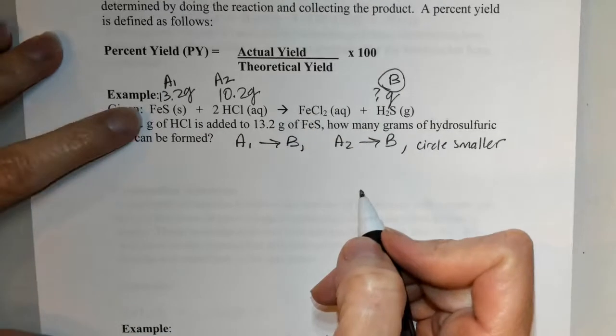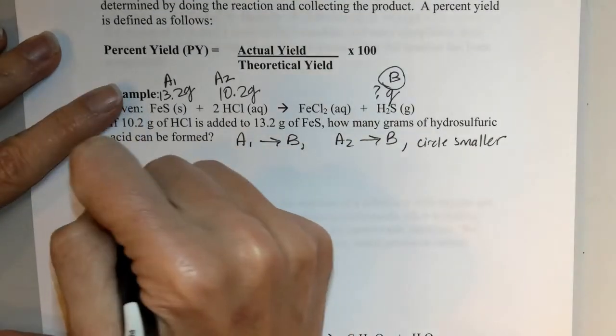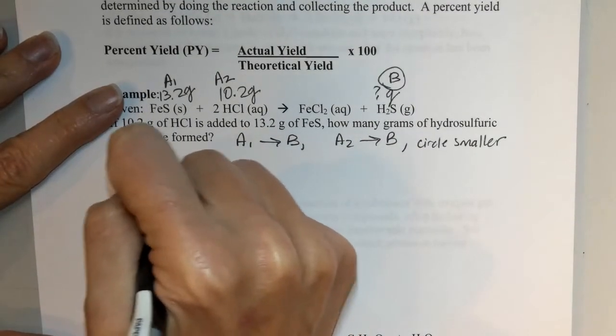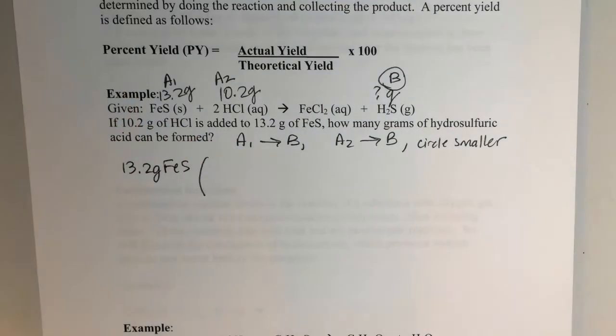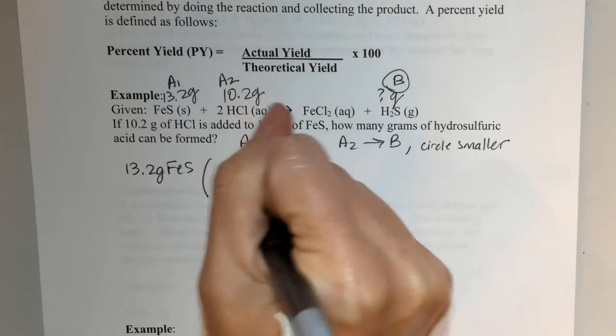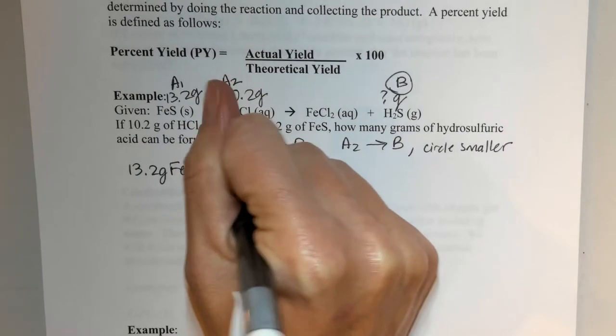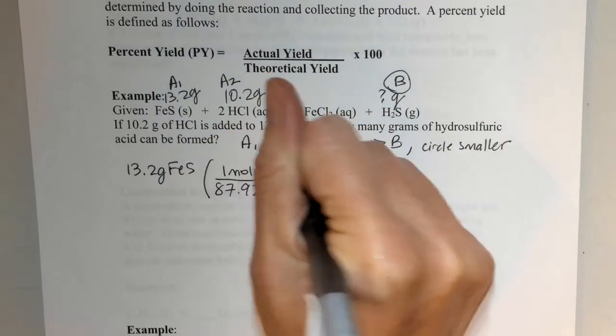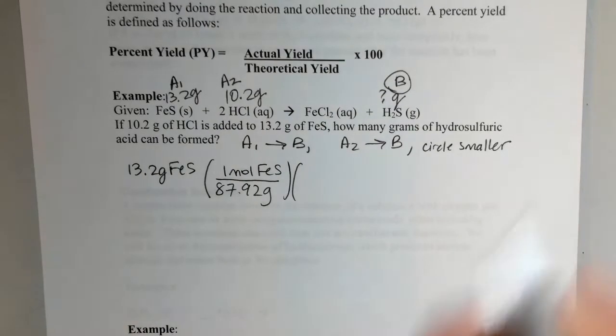So starting with my A1, my iron(II) sulfide, I've got 13.2 grams of FeS. So molar mass from the periodic table, iron 55.85, sulfur 32.07. I have 87.92 grams per mole of FeS. Your center point is always your mole to mole ratio.